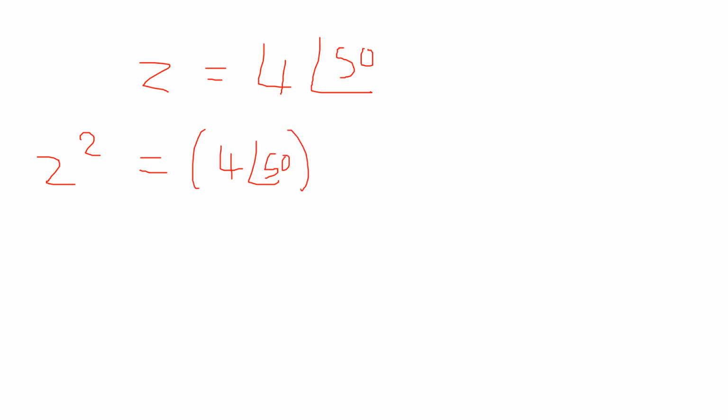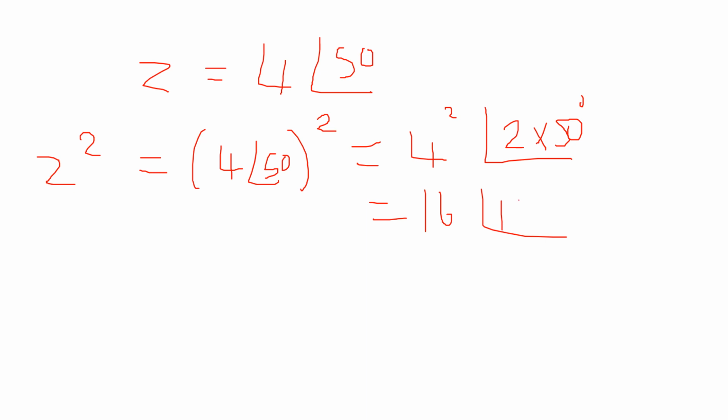The coefficient must be squared, so it's going to be 4 squared, but the angle must be multiplied with the exponent, which is 2, so it's 2 times 50 degrees. The answer is 4 squared, which is 16, and 2 multiplied by 50 is 100 degrees.